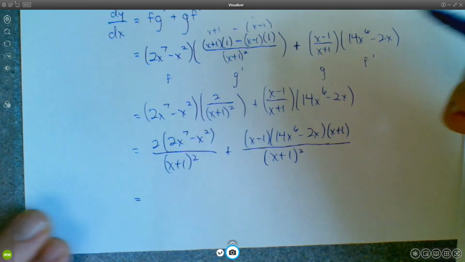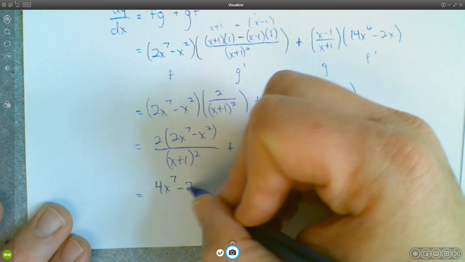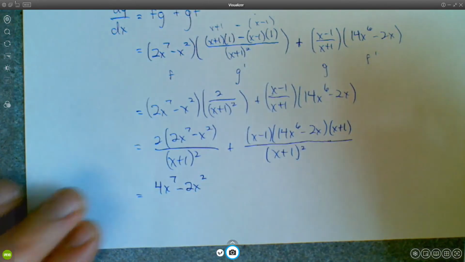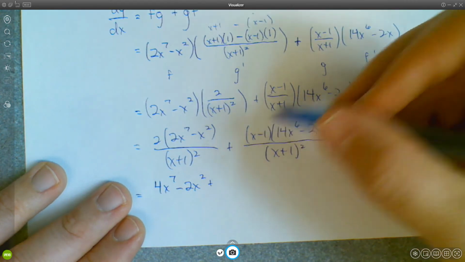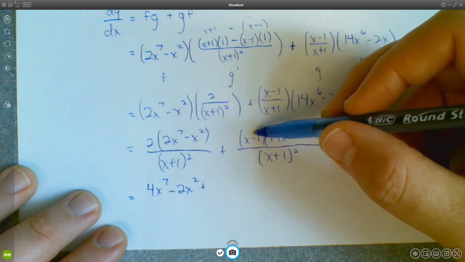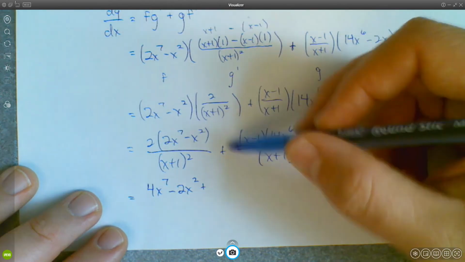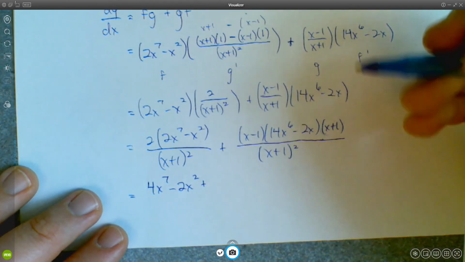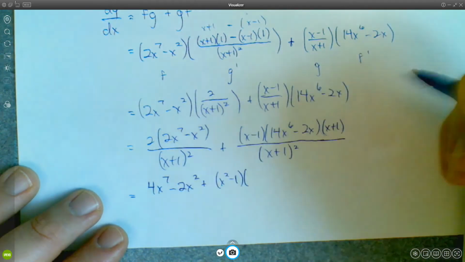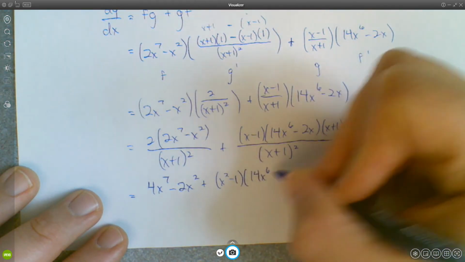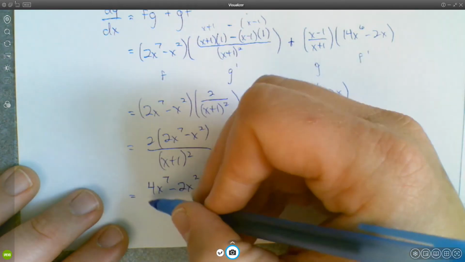So let's do it. 4x to the 7th minus 2x squared plus, well, actually x minus 1 times x plus 1. If I had just put this thing over here, that would have gotten me an x squared minus 1, right? So this is x squared minus 1 times 14x to the 6th minus 2x. So that's just from combining those two.